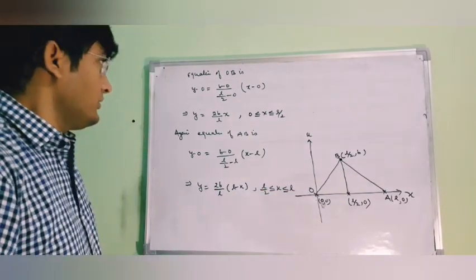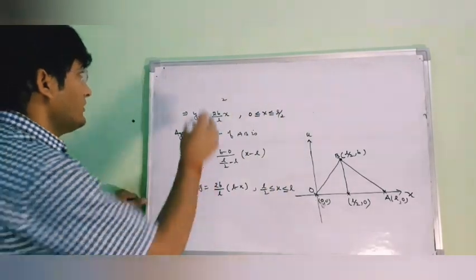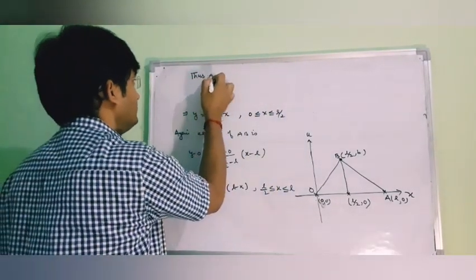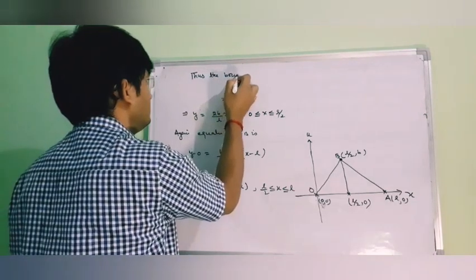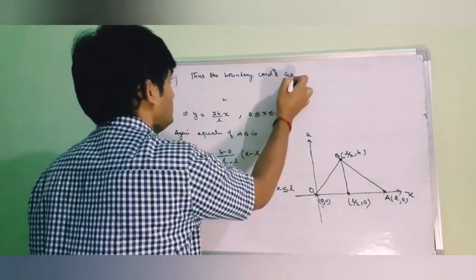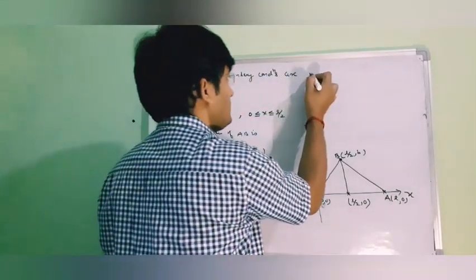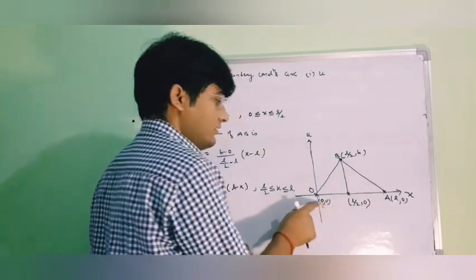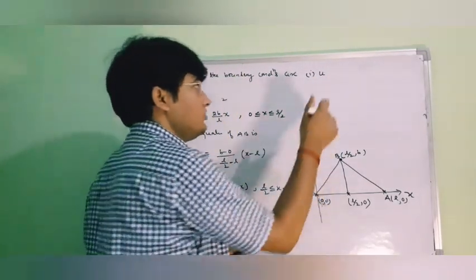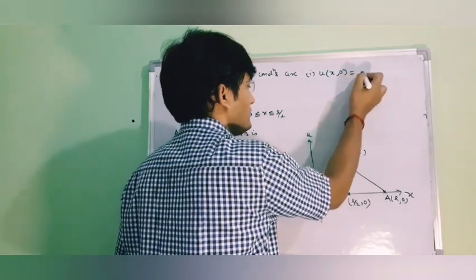So thus we have the initial displacement, and the boundary conditions are: the first point is that initially, when your time is 0, your displacement is 0, so u(x, 0) is 0.